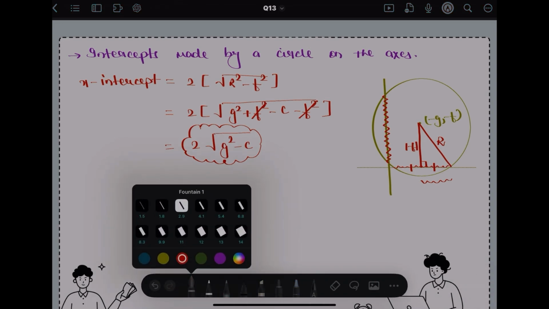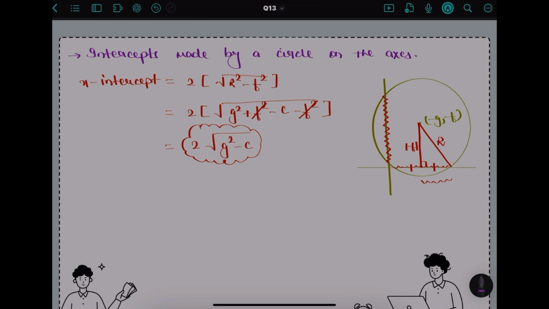Now I want to go with y intercept. Can I say this thing is the radius? I want to put a perpendicular from the center of the circle. This will be divided into two parts, and if you make it double, you will have your y intercept. So it is 2 times root over hypotenuse square minus perpendicular square.